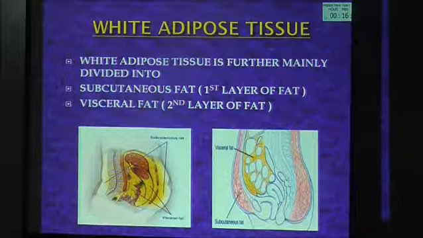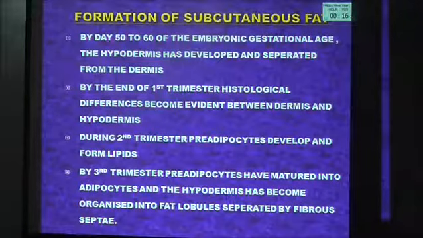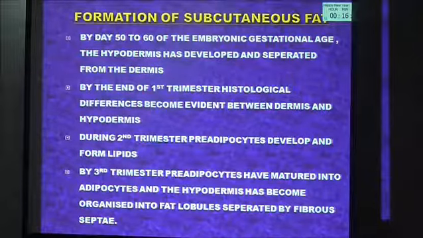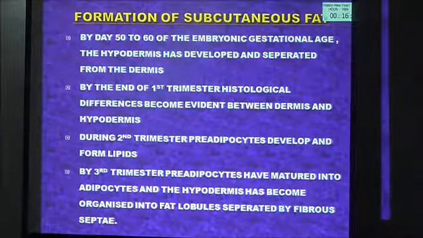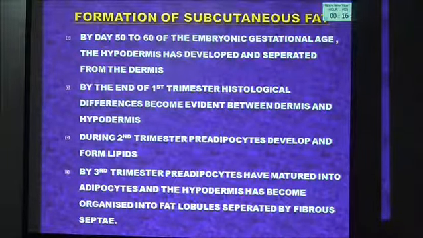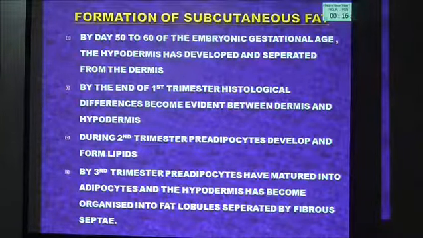Now what is this first layer of fat? How is the subcutaneous tissue formed? Let's take from the 50th to 60th day of embryonic gestational age, when the hypodermis has developed and separated from the dermis. Just for information, skin has three layers: the epidermis, dermis, and the hypodermis.